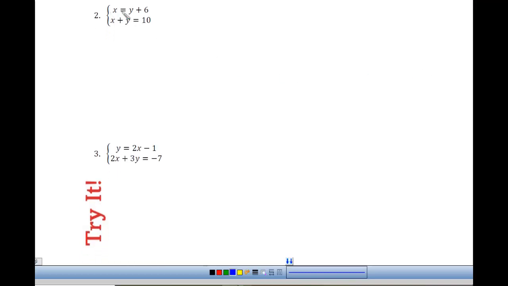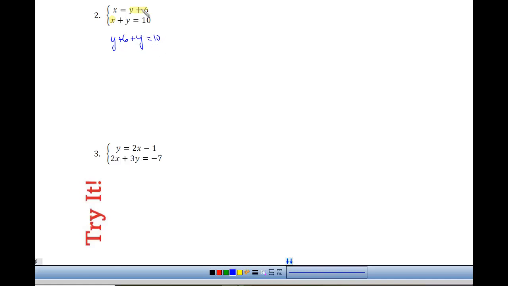Okay, so again, this one's already solved for x, so I'm going to take this quantity, which is equal to x, and then down here where I see x, I'm going to replace it. I'm going to substitute it. So now I have x plus y, but instead of x, I'm writing y plus 6, plus y equals 10.